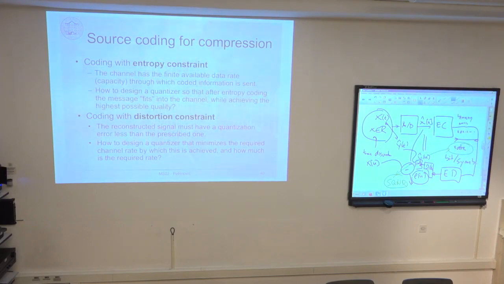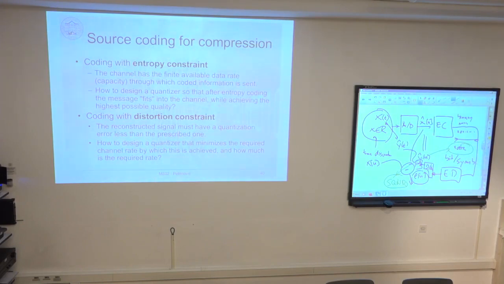And what do I get? The quality is, of course, dependent on the capacity. If I have low capacity, low transmission rate, I have to increase the step size on the quantizer to reduce the rate. Because if I increase the step size, automatically the entropy of this x hat of n is lower. I have a smaller number of individual symbols because the step size is large, and I don't have, for example, -3 to +3.